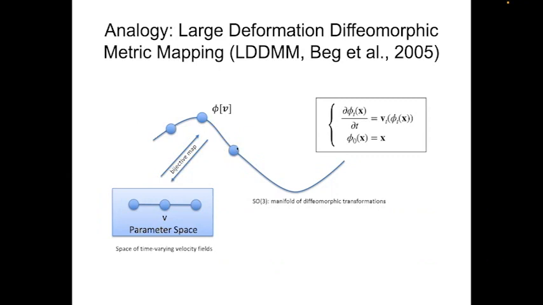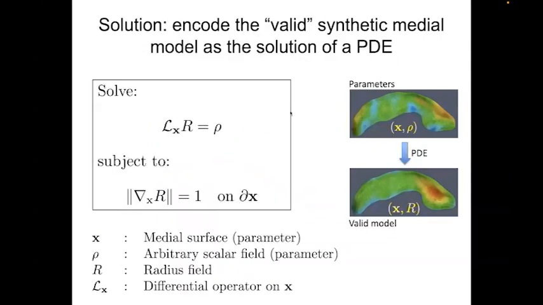For now, I'm just going to focus on this grad R equals 1 constraint, where our medial model consists of just a single surface. So the setup here is that we're going to start with some kind of surface X, and we'll paint on it a scalar field rho, some function for which we might have some inequality constraints, but not equality constraints.